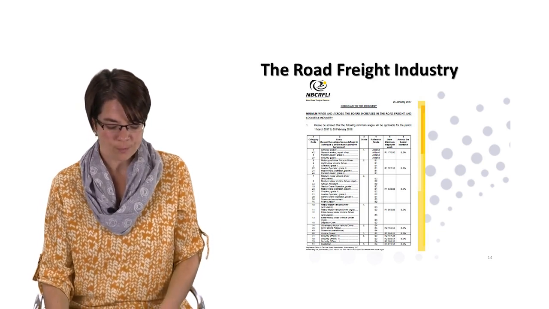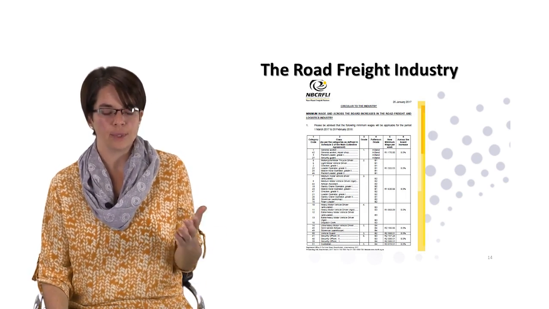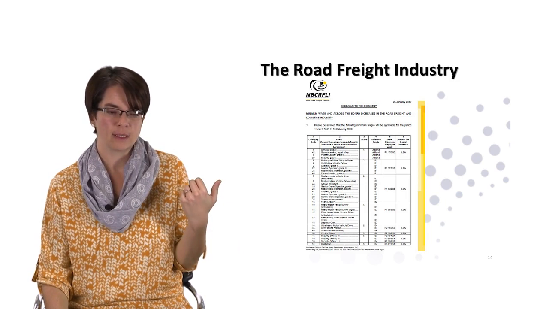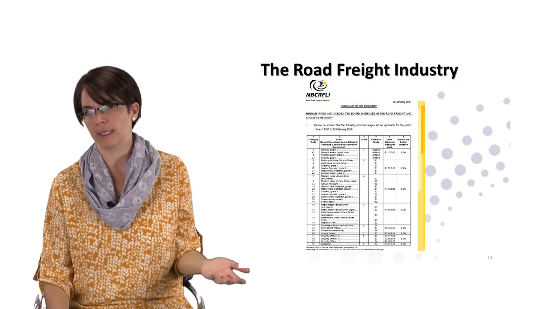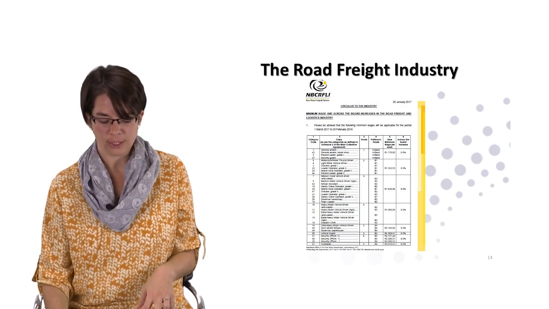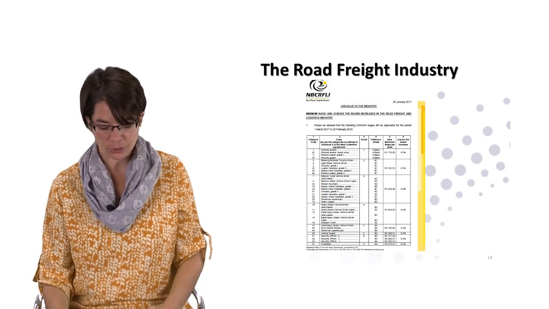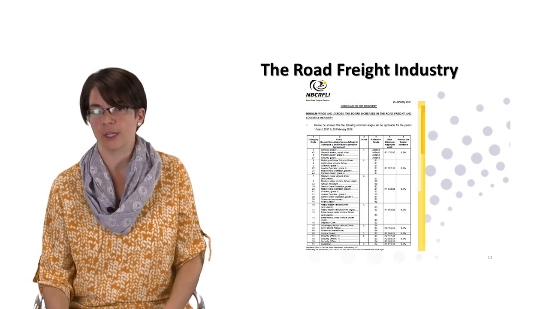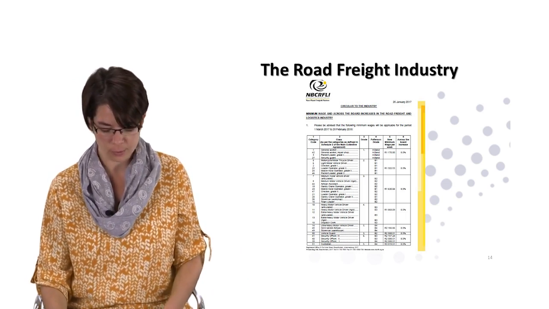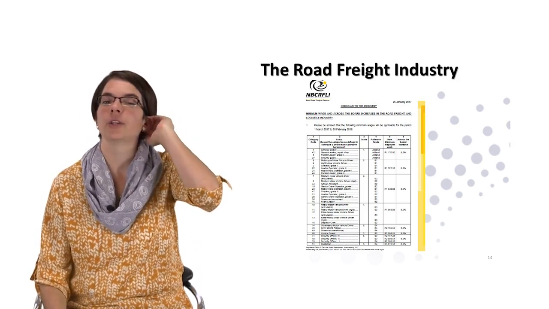Even if your employee possesses a heavy goods motor vehicle license, if he only drives the little bakkie for your courier company, then you would classify him as a code 6. That's very important.